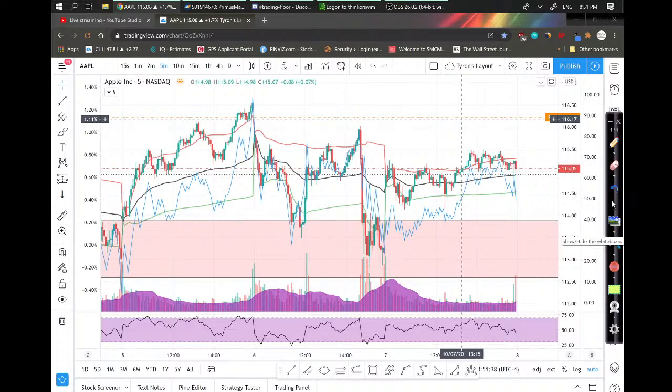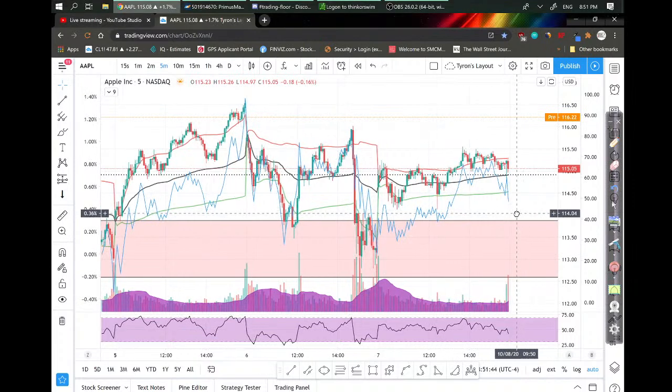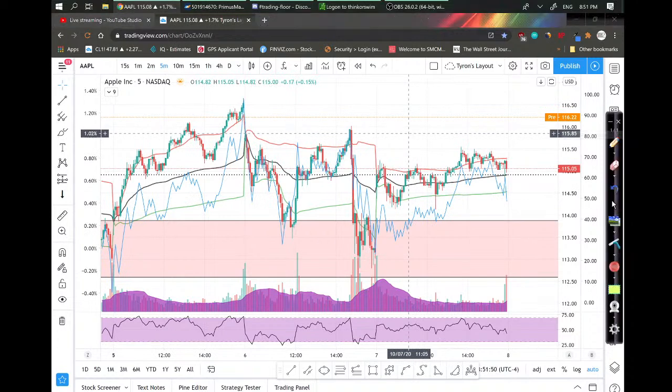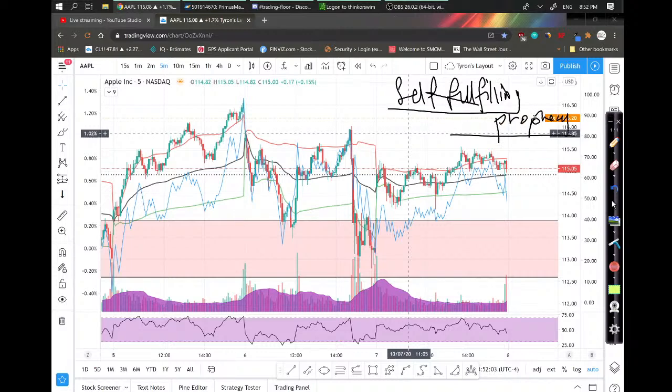Now the problem with this, and for me this is not just for this indicator, okay? The problem for me, along with other indicators, is the fact that the VWAP can be a self-fulfilling prophecy. What does this mean?